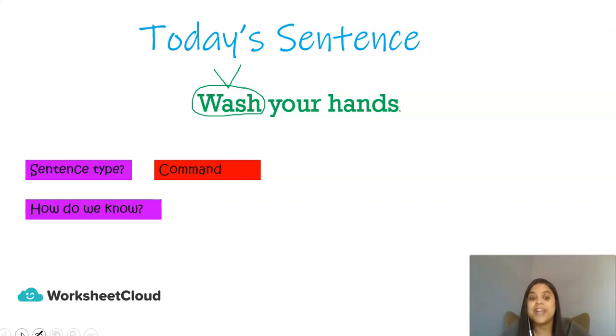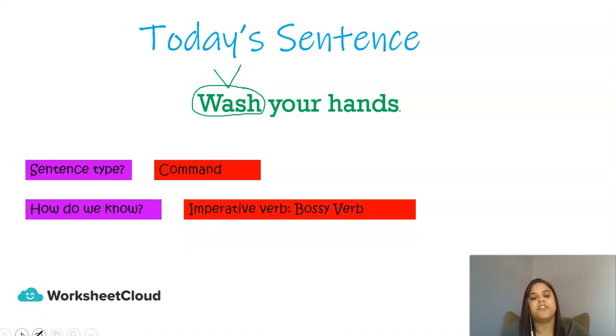The verb that starts the sentence we call an imperative verb or a bossy verb because it's telling us what to do. Clean your room, stand still, keep quiet. All of those commands start with verbs and they are known as imperative verbs. So for those of you that got this right, well done to you.